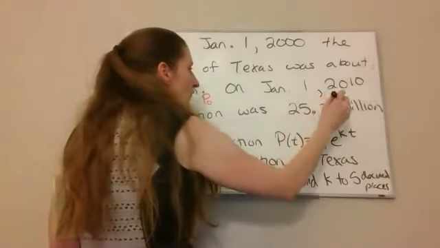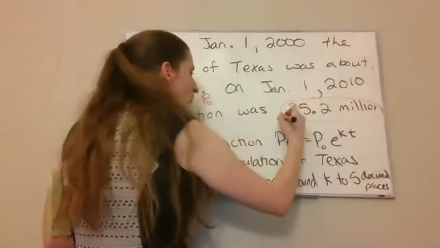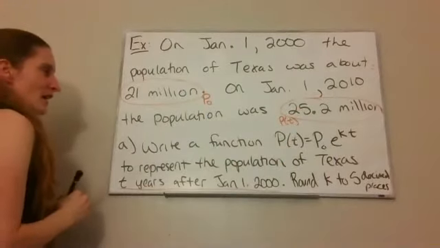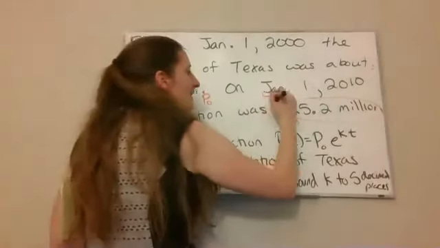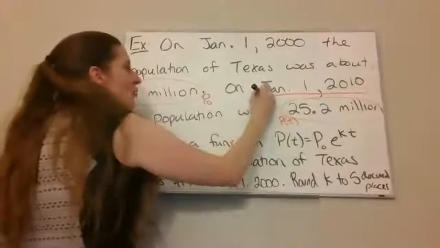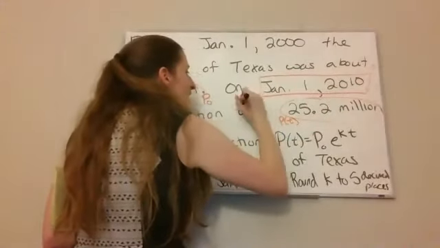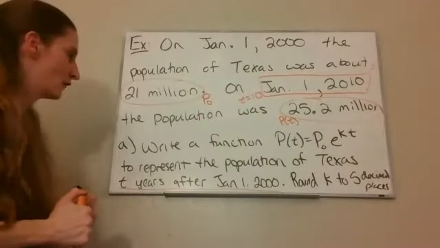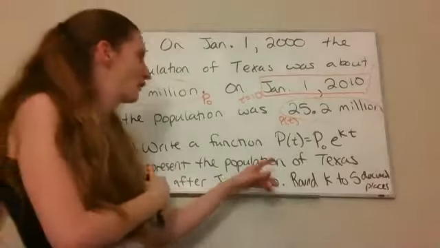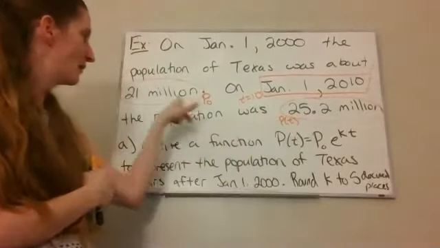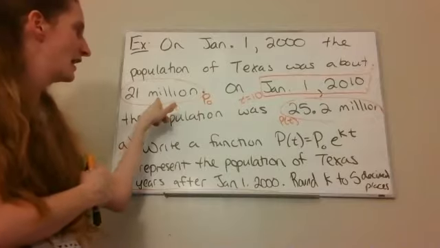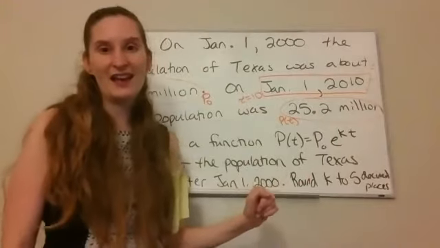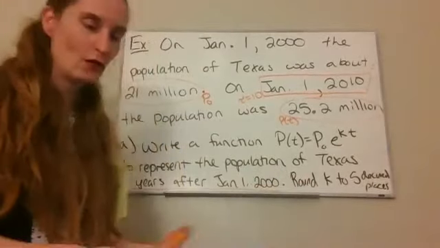Then this 25.2 million will go on the other side of the equation in the P of t spot. And what's my t value? Well, I get that from this date. January 1st, 2010 is t equals 10 years after January 1st, 2000. So I'm going to have 25.2 million on the left side. My P0 is 21 million, e to the k times 10. The first thing we're going to have to do is figure out what k is, and then we can write our generic formula.